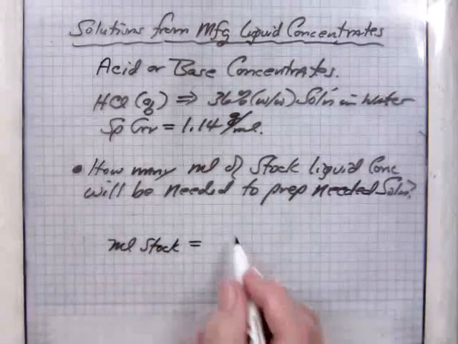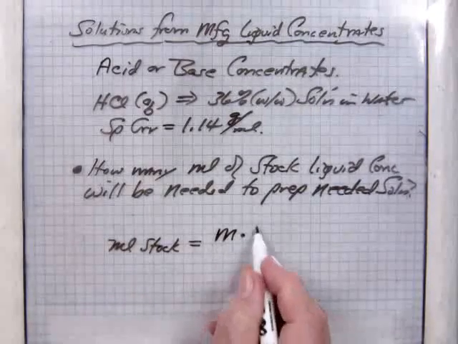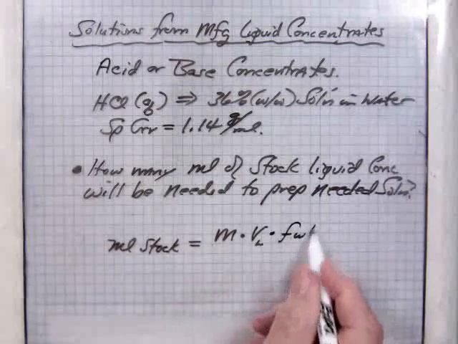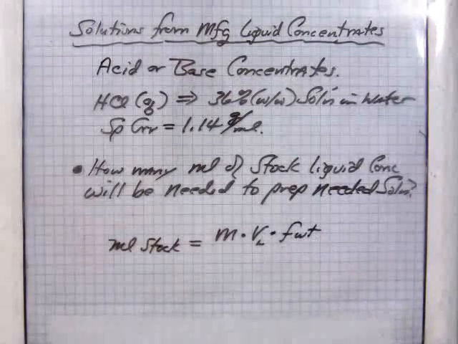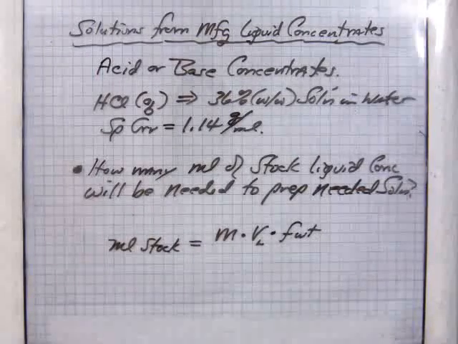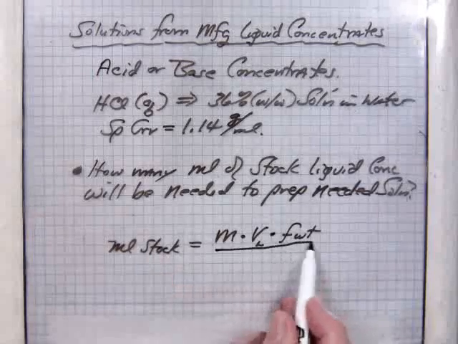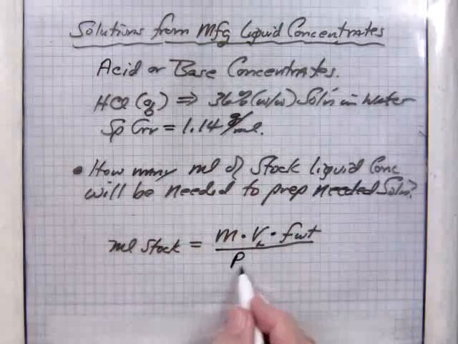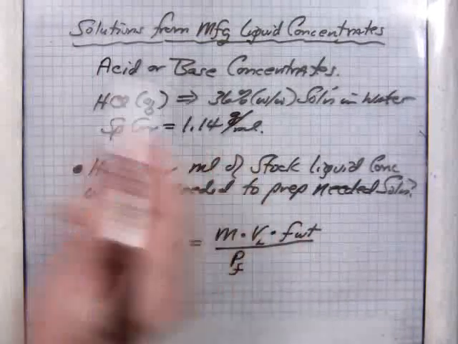is equal to molarity times volume needed in liters times formula weight of whatever solute you're dissolving, like HCl 36 grams per mole. Its purity factor is whatever it's delivered at, say 36%, so it's 0.36.